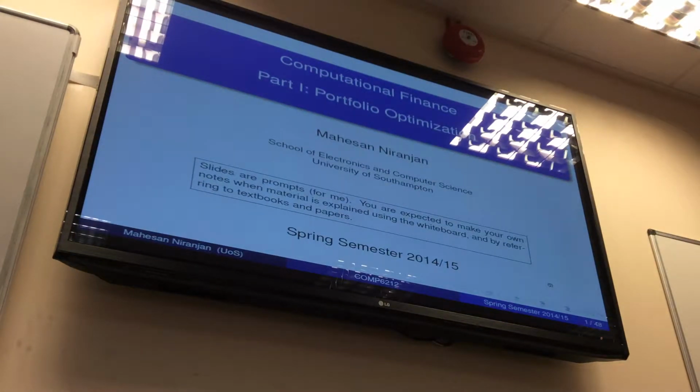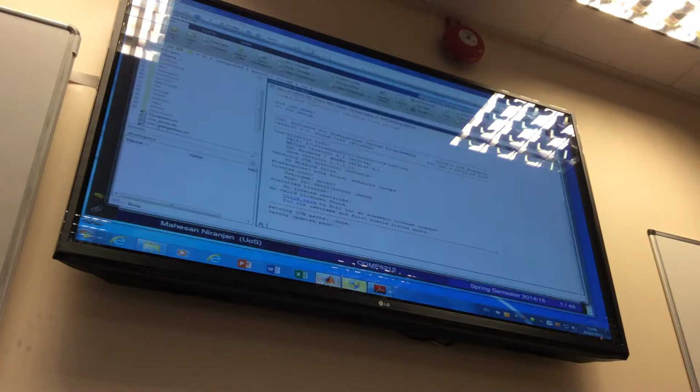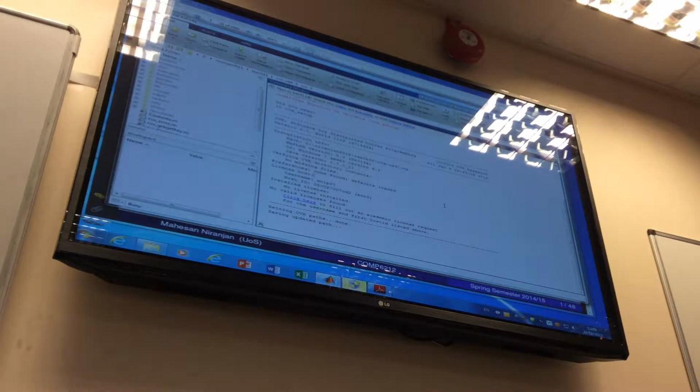Okay. So the point that I wanted to make about coursework, which I can't show because for some reason this is not setting up the CVX path, is that we were trying to minimize an error, something like this.